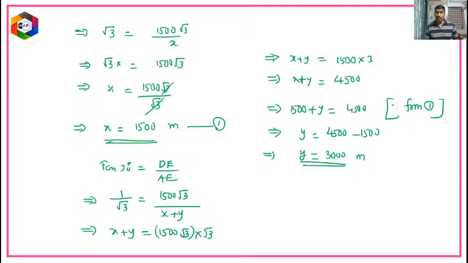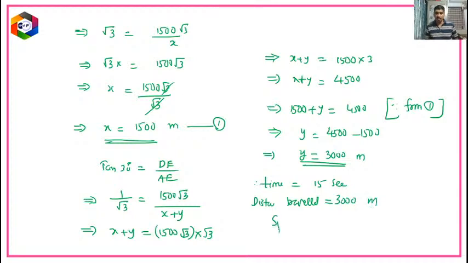So during the 15 seconds, the jet plane has traveled distance y, we assumed. How much distance has it traveled? 3000 meters. Now time is equal to 15 seconds. Distance traveled in the 15 seconds is 3000 meters.